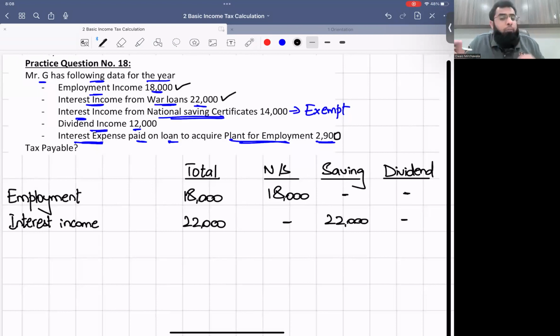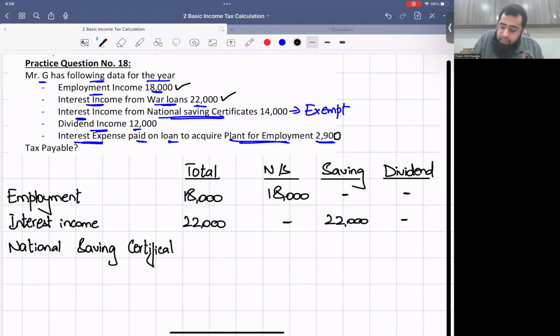War loans or whatever, it does not make any difference. National savings certificate is an exempt source of income, so we'll not show it anywhere. And then we have dividend income. I will put it in total and in the column of dividend.